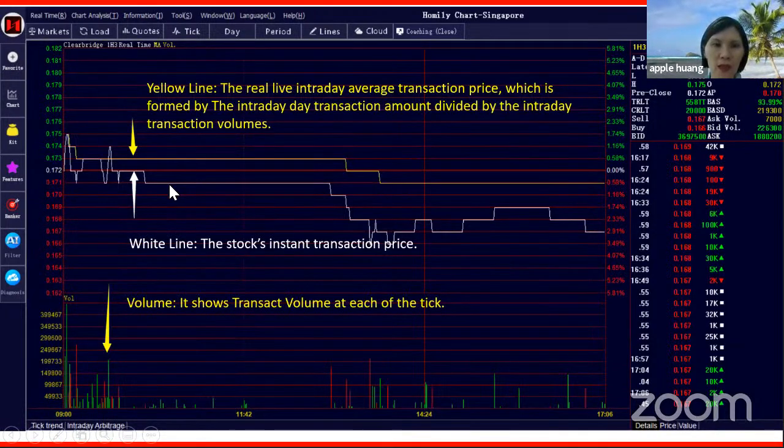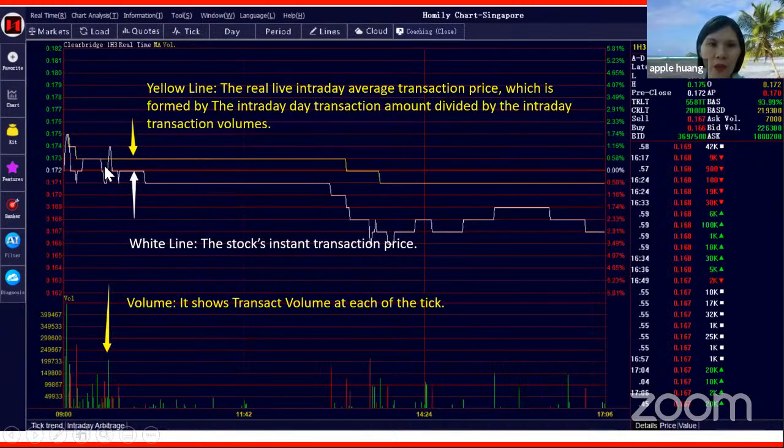So this is the trading price, every minute connected, and from the white line. And the yellow line, how does the yellow line come out? The yellow line is the real life intraday average transaction price, which is formed by the intraday transaction amount divided by the intraday transaction volume.